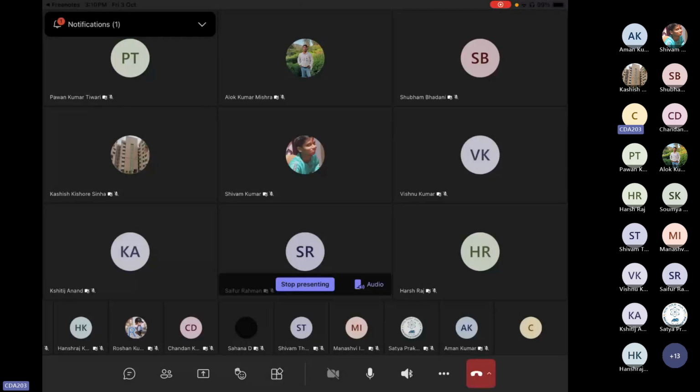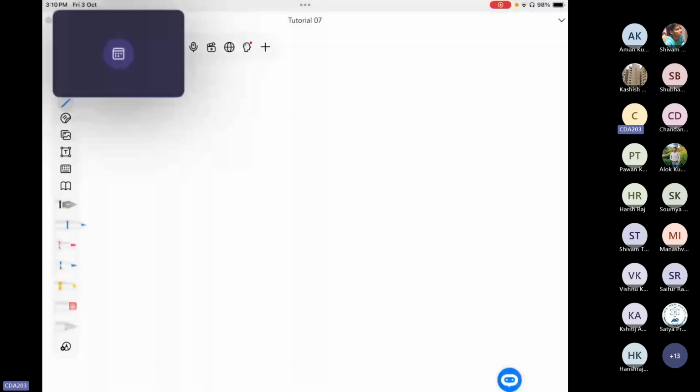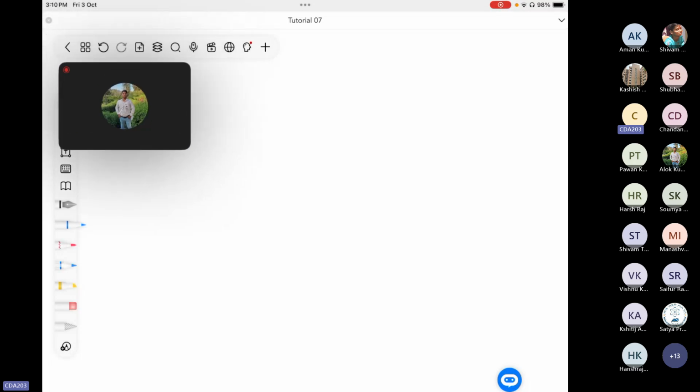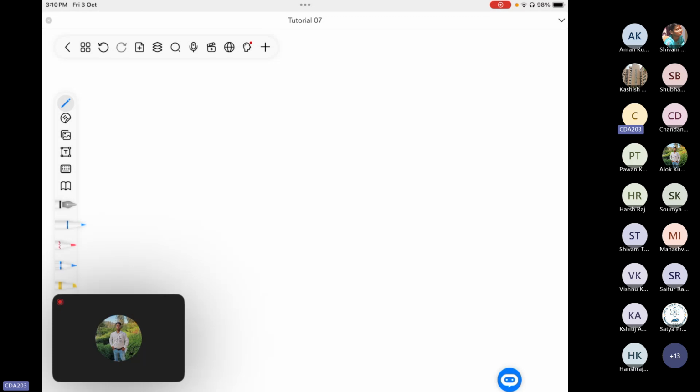So what I was saying is that today we will do an example, which is actually an application of this greedy algorithm.